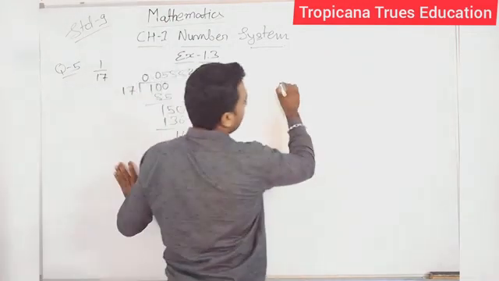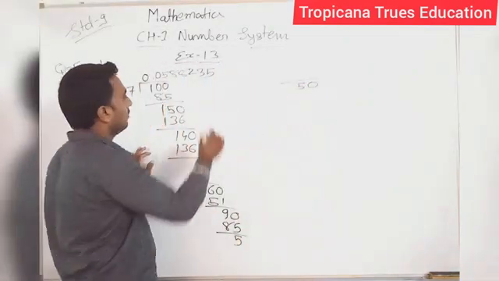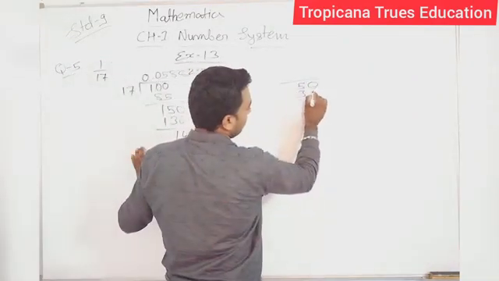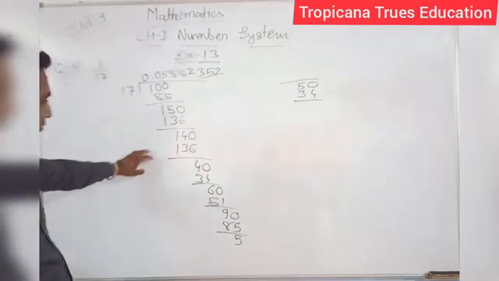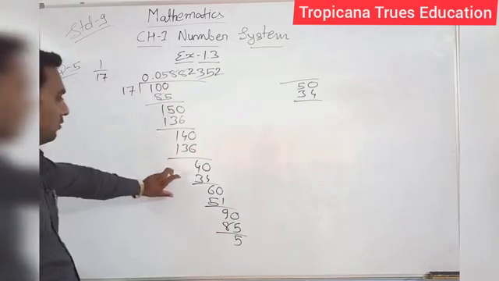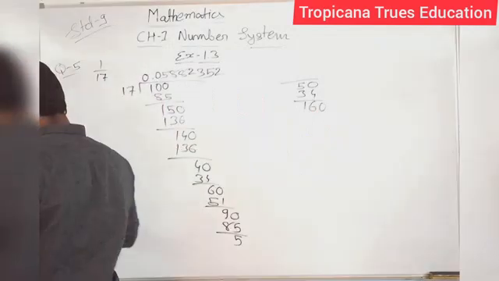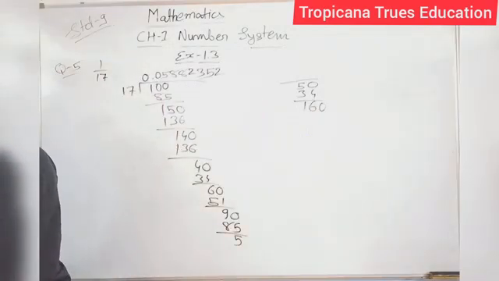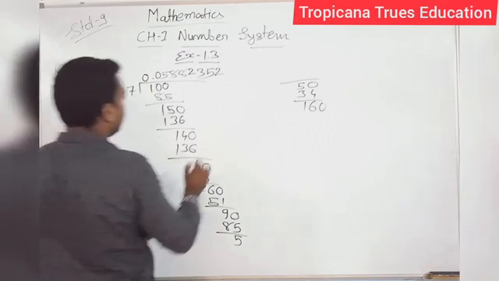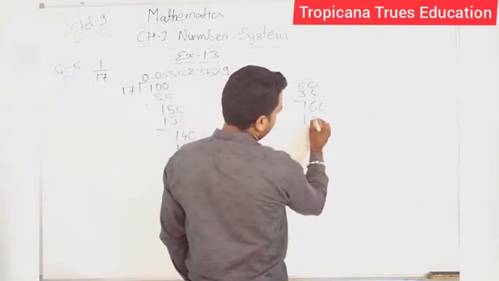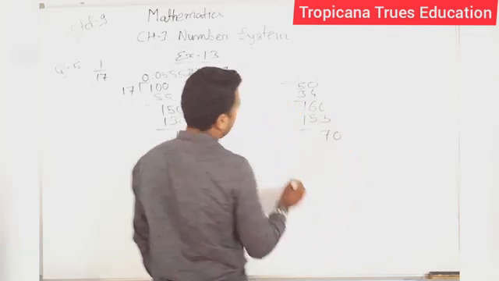Again take 50: 17 2s are 34. So now again you get 160. Again 160 is your number, then 17 9s are 153, the remainder will be 7, put 0.